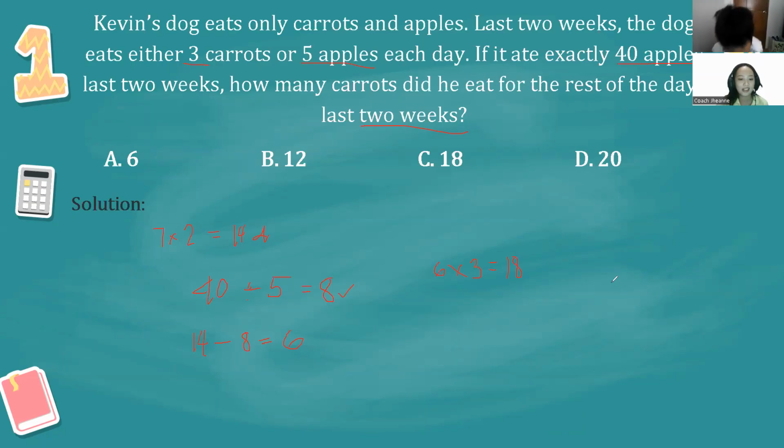All right. So the answer is C. The dog has eaten 18 carrots for the rest of the days in the last 2 weeks. So is that all right? Did you get it? Can we continue? Okay. Let's continue to the next question.